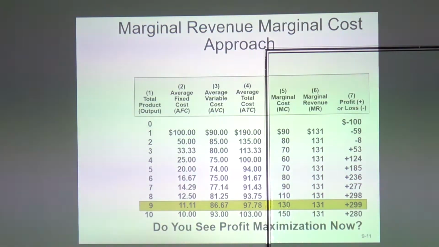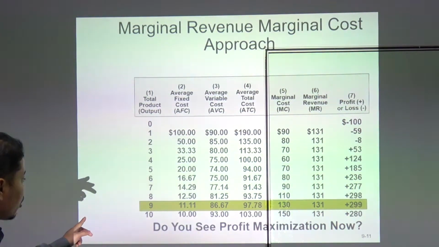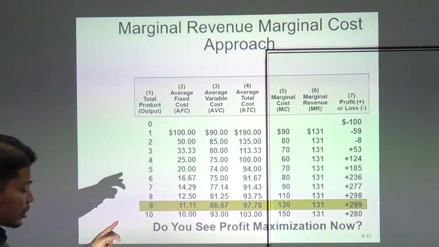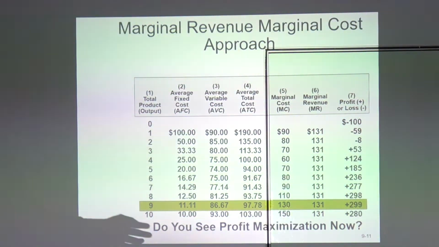And if we look at the average total cost here, at 9 units of output, how much is it? So the price is 131. The cost per unit at 9 units of output will be how much? Column number 4.